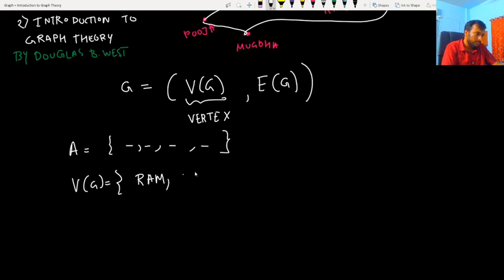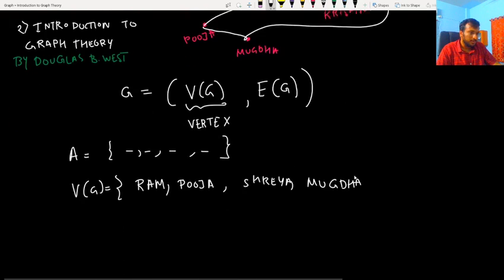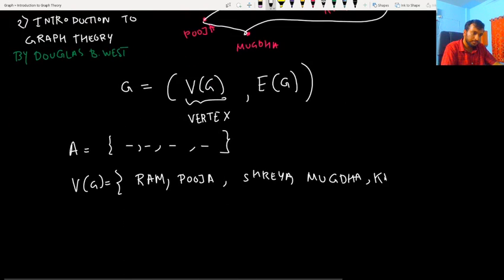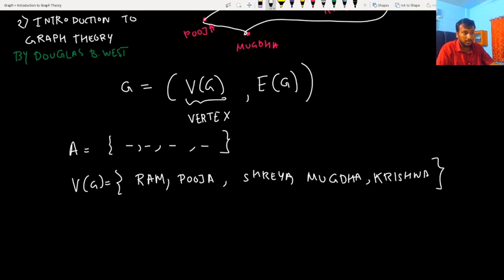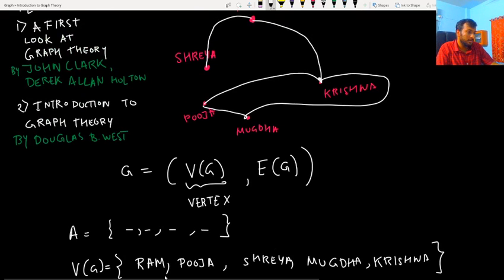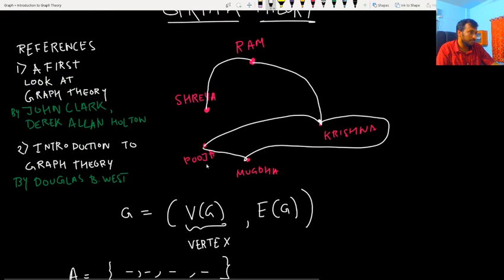Say the second person is Pooja, Shreya, Mukta, and who else? Krishna. So a set is nothing but a collection of objects. The objects here are nothing but the names of people.